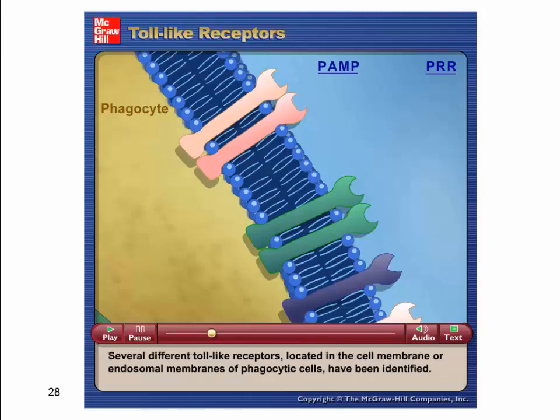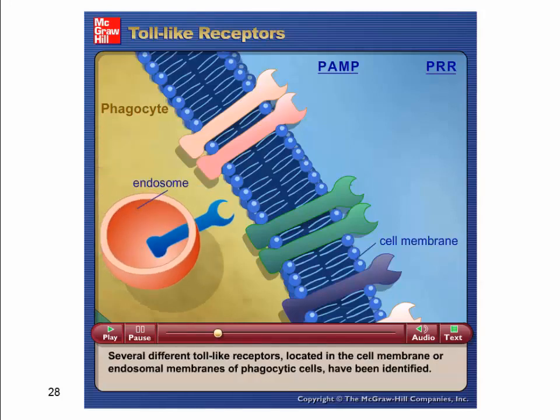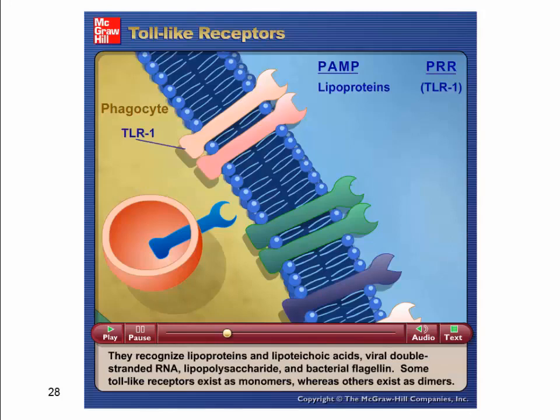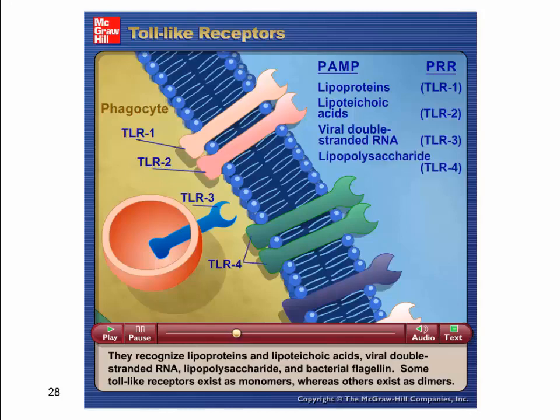Several different toll-like receptors located in the cell membrane or endosomal membranes of phagocytic cells have been identified. They recognize lipoproteins and lipoteichoic acids, viral double-stranded RNA, lipopolysaccharide, and bacterial flagellin.